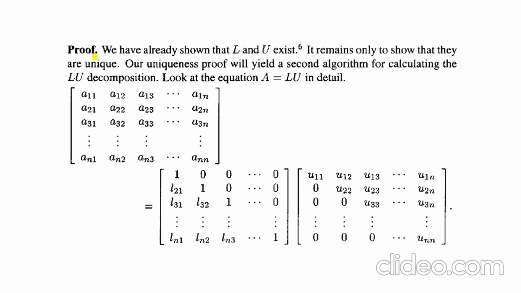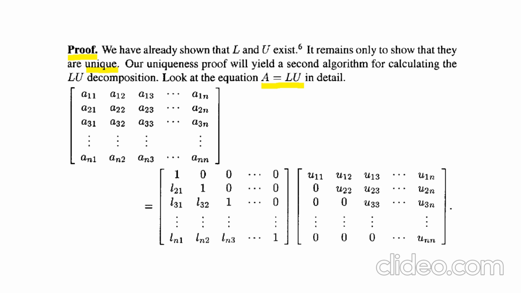For the proof, we are aware of L and U already. We have to just show the uniqueness. Our uniqueness proof will yield a second algorithm for calculating the LU decomposition. Look at the equation A is equal to LU in detail.